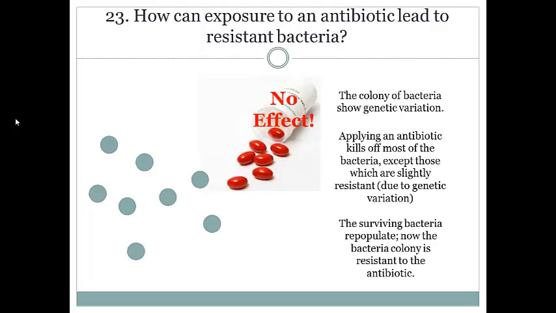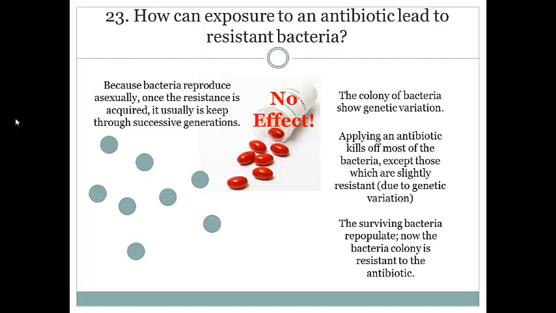So that's generally not good. We try to avoid prescribing antibiotics unless a patient really needs them. And because these bacteria reproduce asexually, once that resistance is acquired, it is usually kept through successive generations of bacteria.